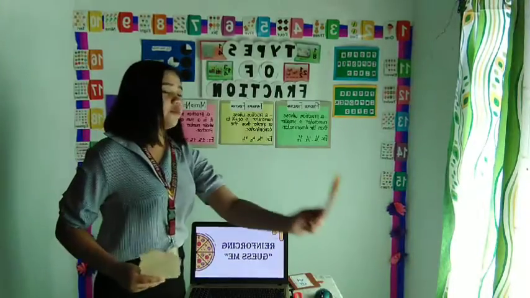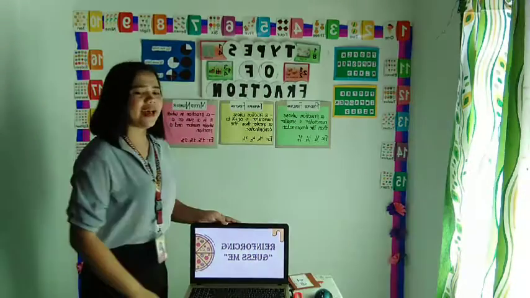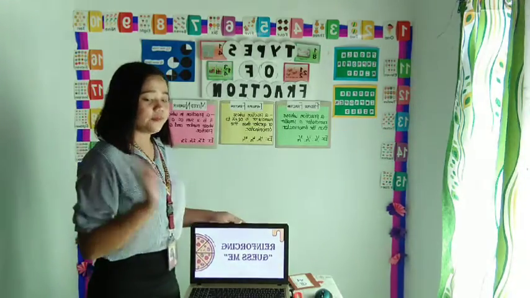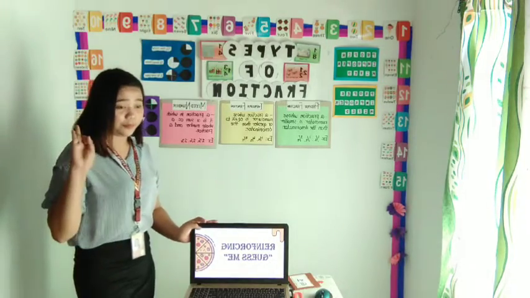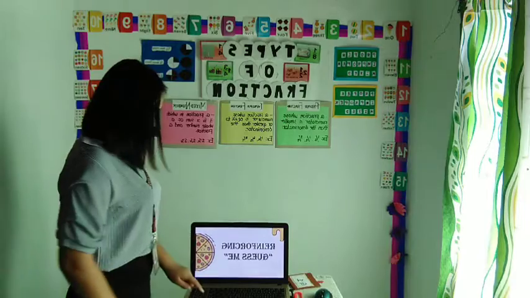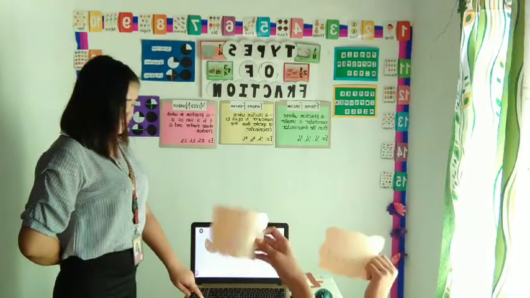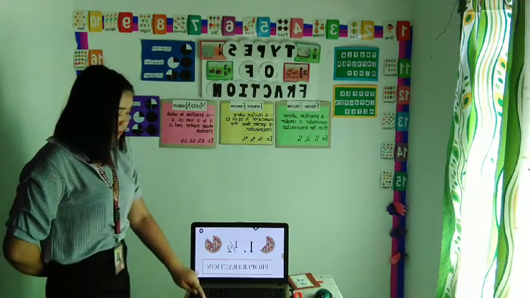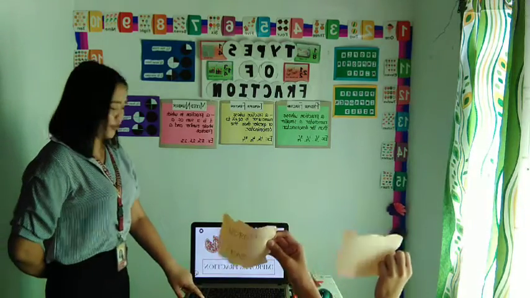This will be your flashcards, group 1, and this will be your flashcards, group 2. Now, I am going to flash the screen and you need to guess if the fraction here is proper fraction, improper fraction, or mixed number. Okay, number 1. Proper fraction. Very good. Number 2. Improper fraction. Very good.